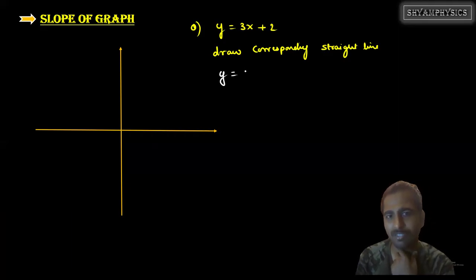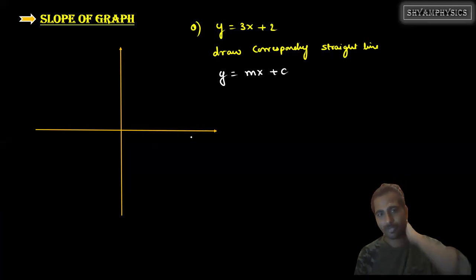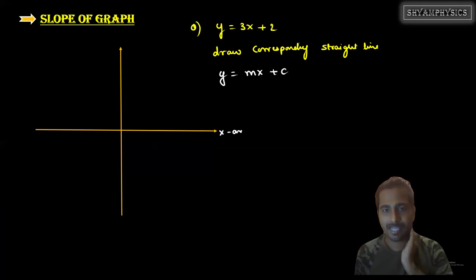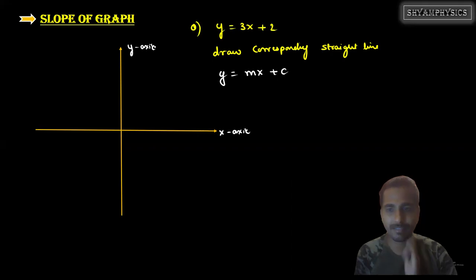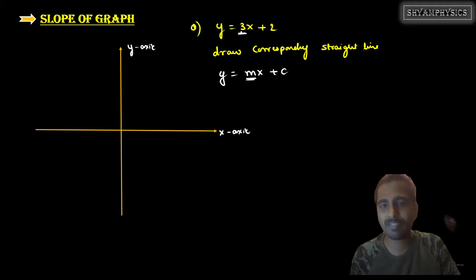Compare this equation with the standard equation y equals mx plus c. This is the x-axis, this is the y-axis. Here m stands for slope. Here m is 3. Whatever the value, it doesn't matter for us. Is the slope positive or negative?